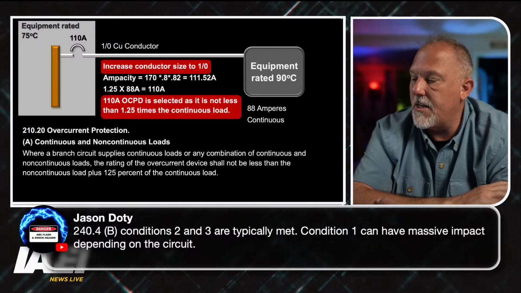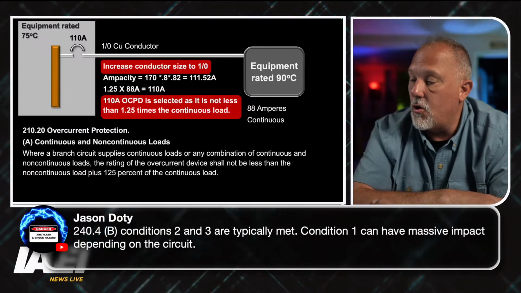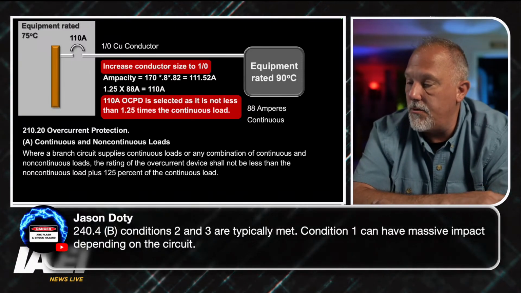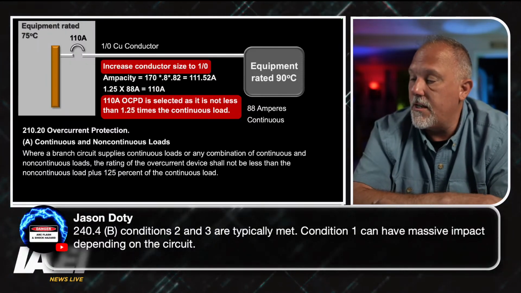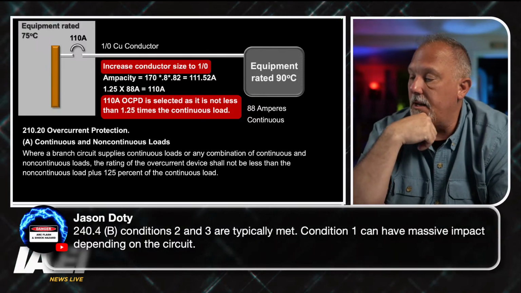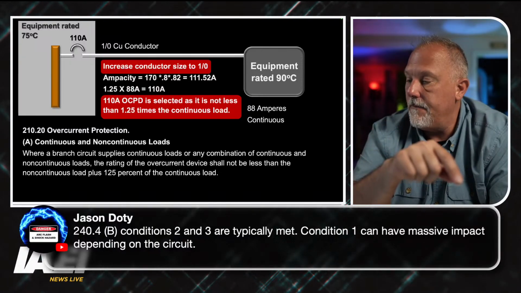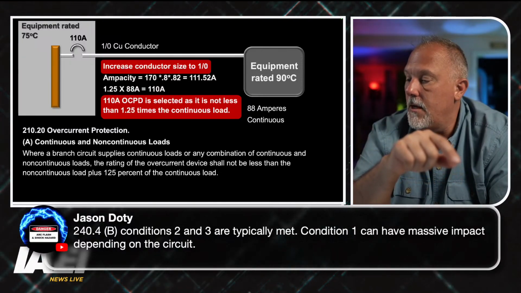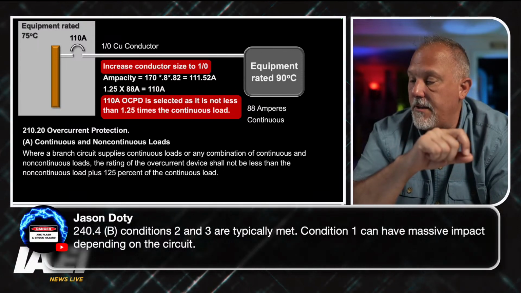The conductors being protected are not part of a branch circuit supplying more than one receptacle for cord and plug connected portable loads. So yeah, that's a very good point, Jason. The next higher standard overcurrent device rating shall be permitted to be used provided all of the following conditions are met.